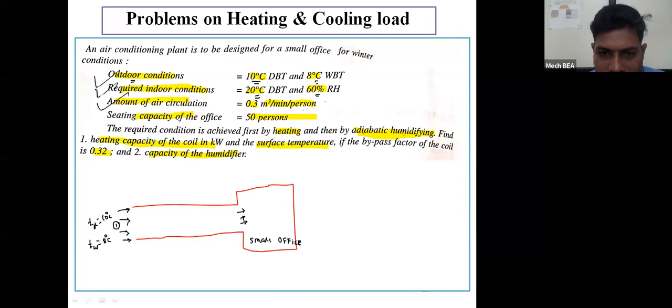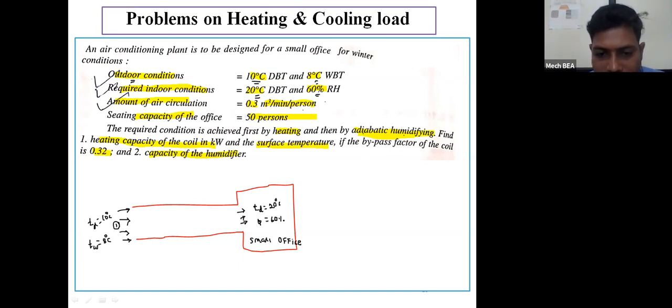Here I need to maintain the dry bulb temperature as 20 degrees centigrade and relative humidity as 60%.